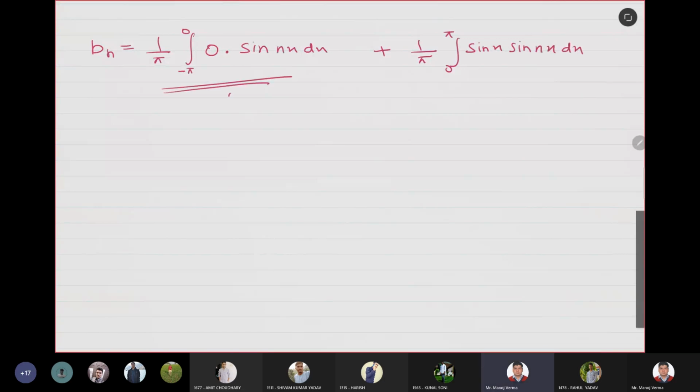This term will be 0. Only the second integral will remain.